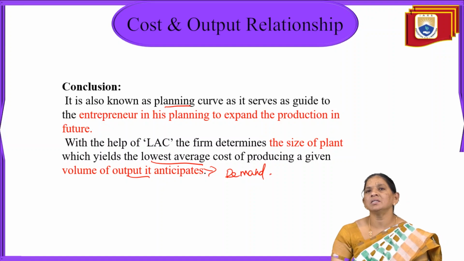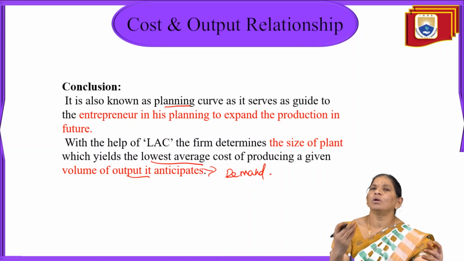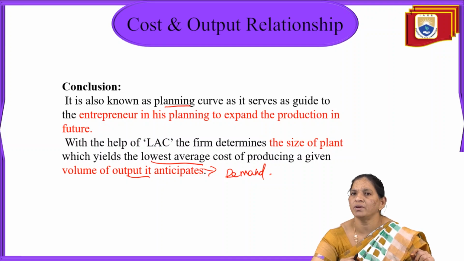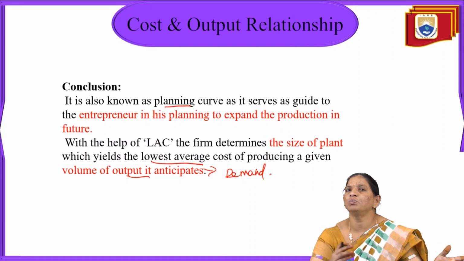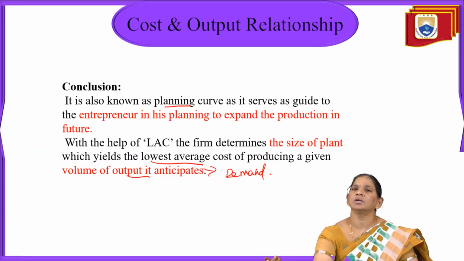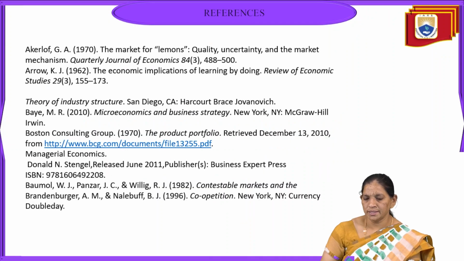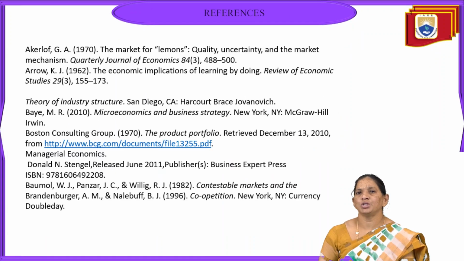By composing these short run curves into a long run cost curve, maybe for 5 or 6 years, we have good planning for the future relating to cost minimization, reducing the cost, and suiting our output to the demand we have forecasted. For that, I am able to produce goods and services for the market. So this is about the long run and short run cost and output relationship.